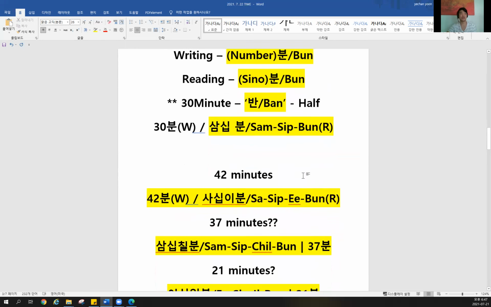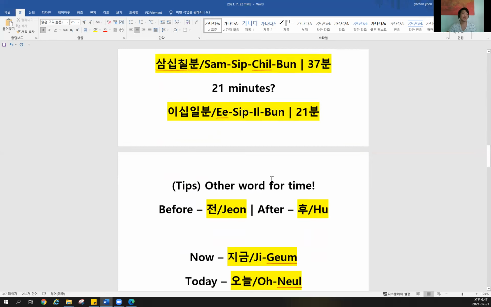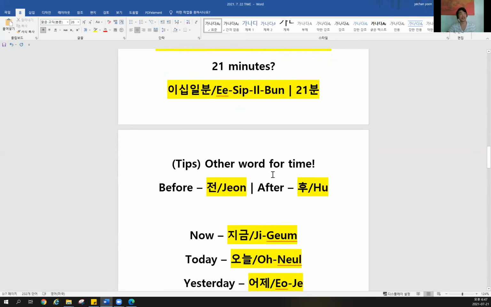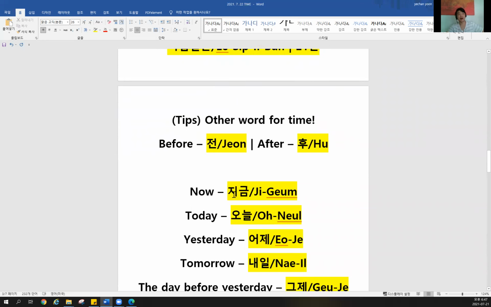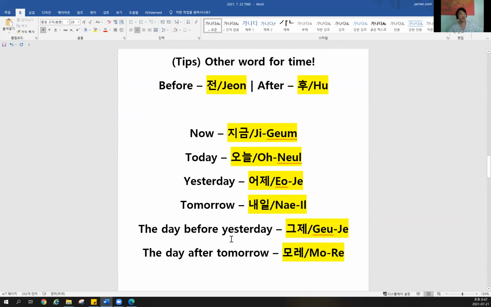So 42 minutes, we have a bunch of examples, so please practice yourself. And for tips, other words for time: before is 전. After is 후. Now is 지금. Today, 오늘. Yesterday, 어제. Tomorrow, 내일. The day before yesterday, 그제. The day after tomorrow, 모레.